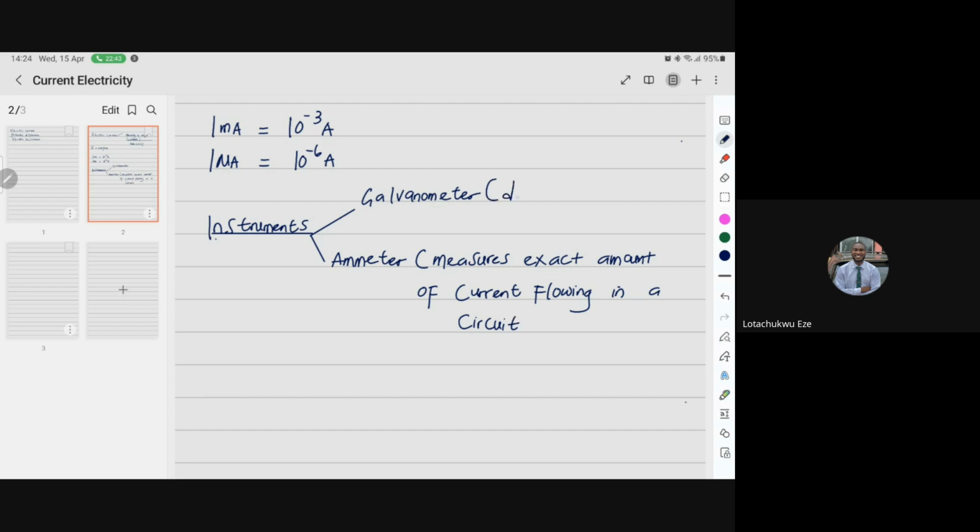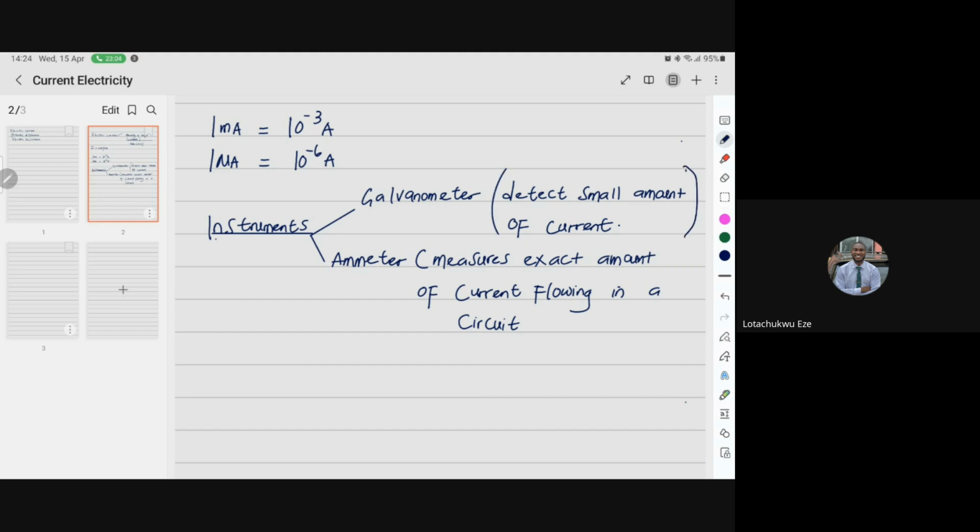The galvanometer is used to detect a small amount of current. So those are the two key instruments that we'll make use of for this.